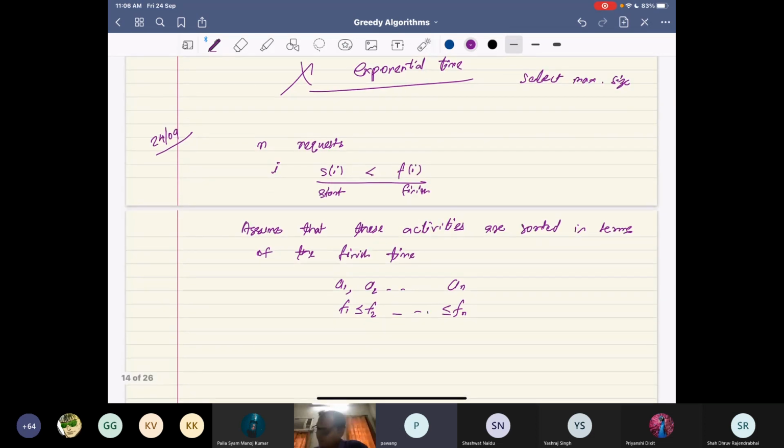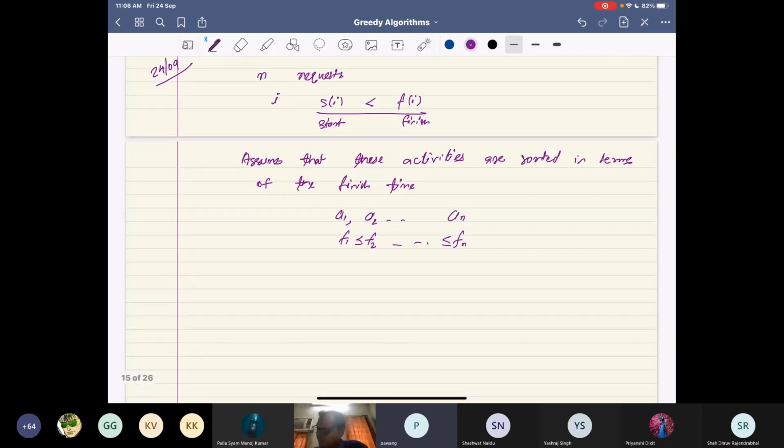They are sorted in terms of their finish time. Now, from there, what I need to do is find a compatible subset of requests that is of maximum size.